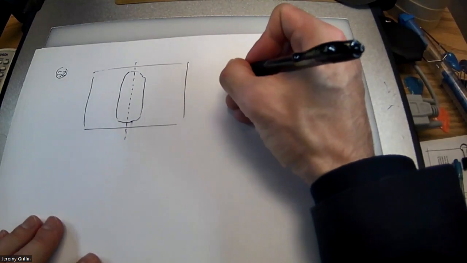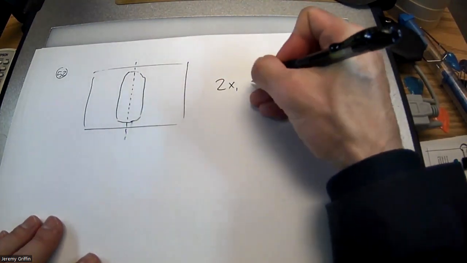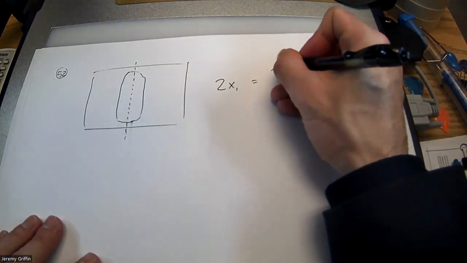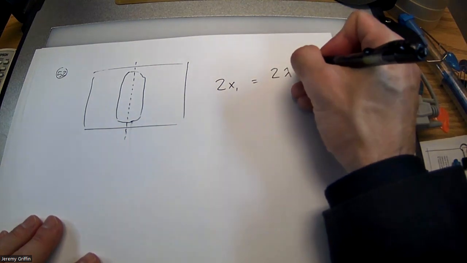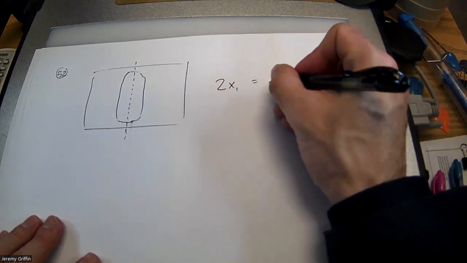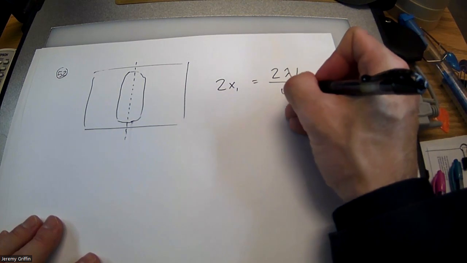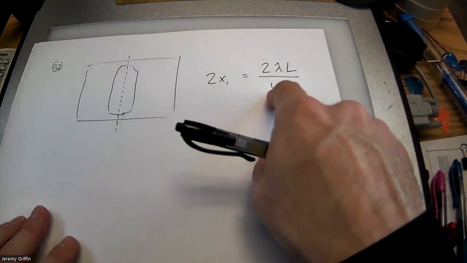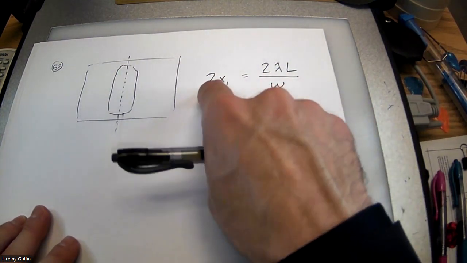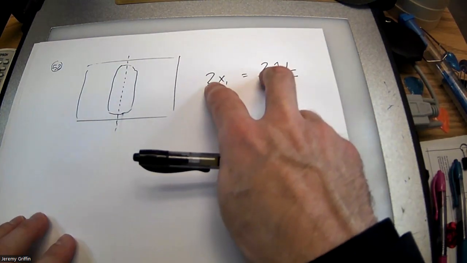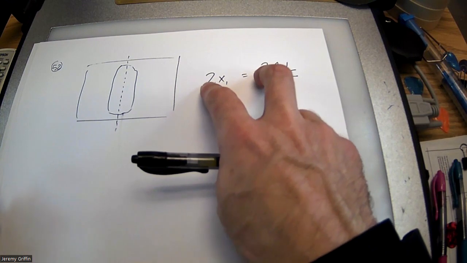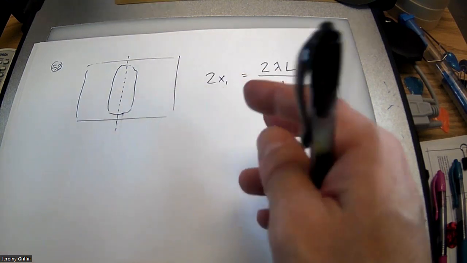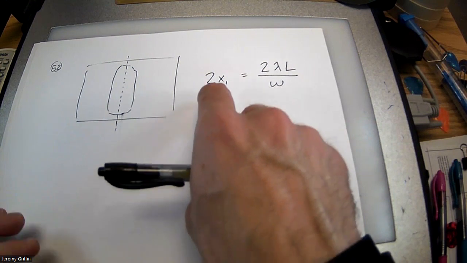The formula they gave goes like this: 2x1 is equal to 2 times the wavelength times L, the distance to the screen, all divided by W, the width of that single slit opening. Now, I see a couple of 2's here. When you do math, you right away want to cancel those out. Why is there a 2 on both sides?